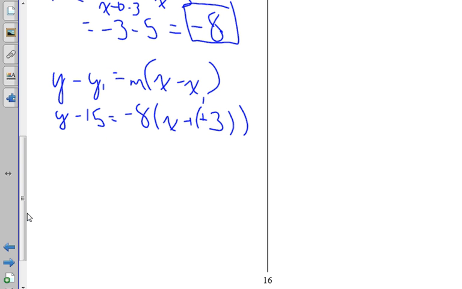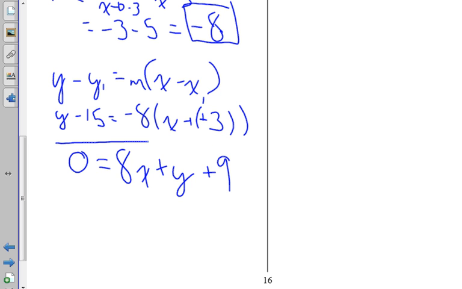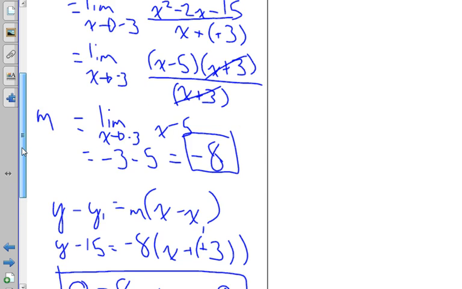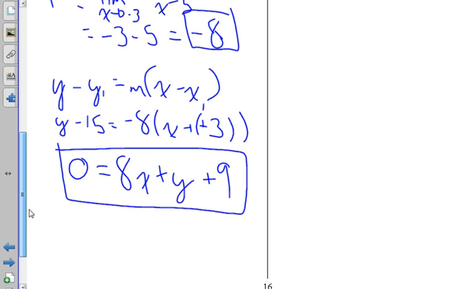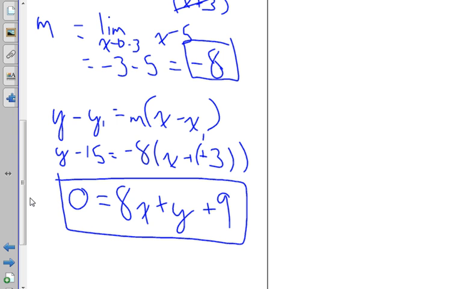And if you simplify, well, you guys know how to do this, right? Yeah, okay. And we are left with 0 equals 8x plus y plus 9. Okay. Yeah, so if you worked enough while you were working on your own, you got to that.